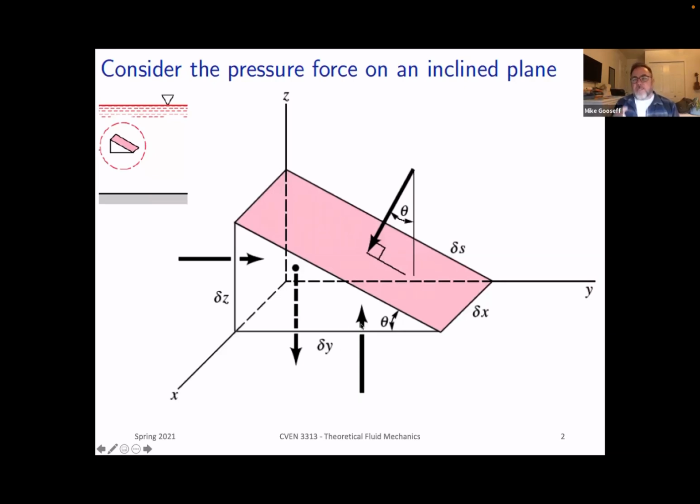So one thing that's important to note that I hope you're picking up on here is that even if we jump into a swimming pool, or I think on Tuesday I had a picture of a pickup truck underwater, right? Pressure doesn't necessarily care about gravity to work, right?